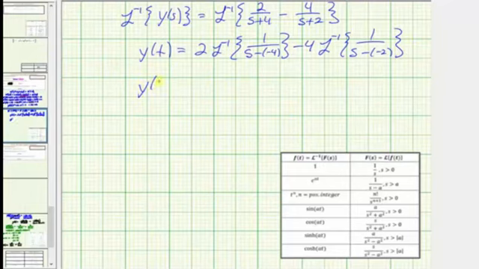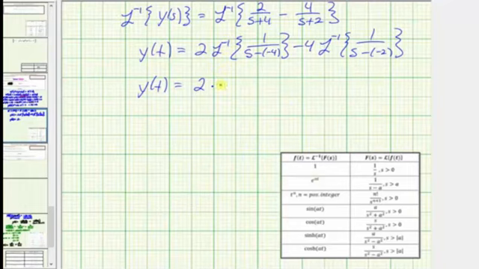So we have y of t equals 2 times, notice how this now fits the form perfectly of 1 over the quantity s minus a, where a is negative 4, so the inverse Laplace transform is e raised to the power of negative 4t.